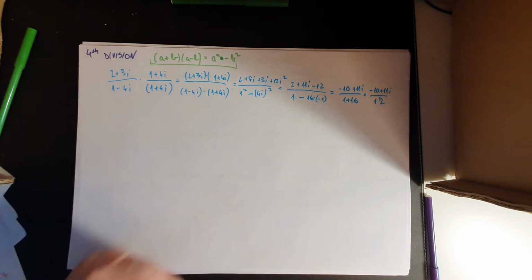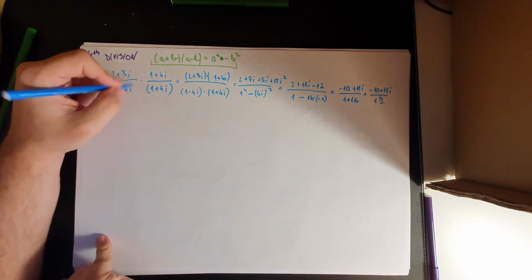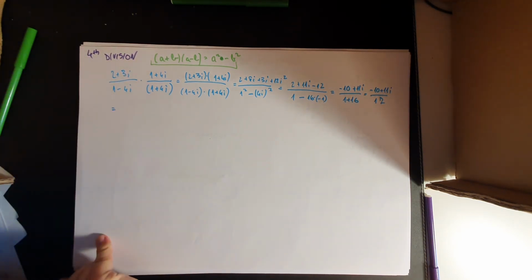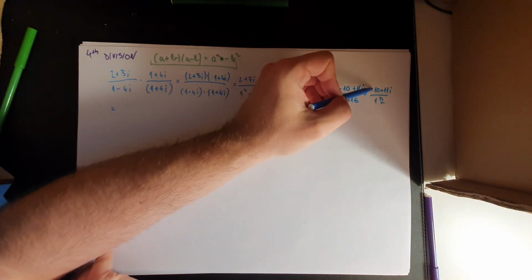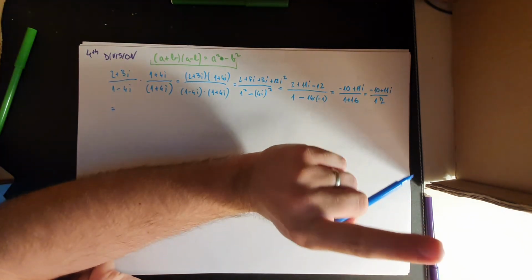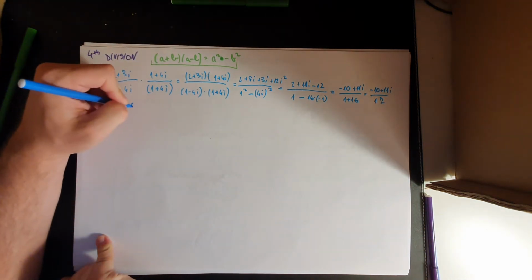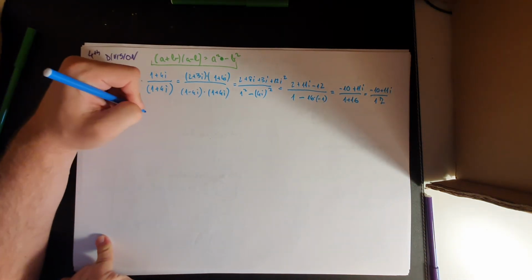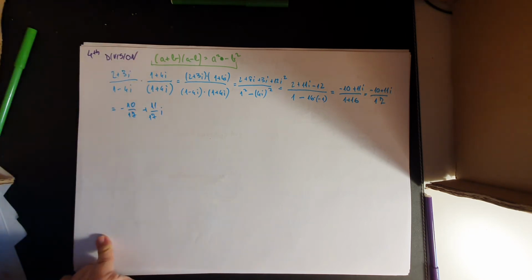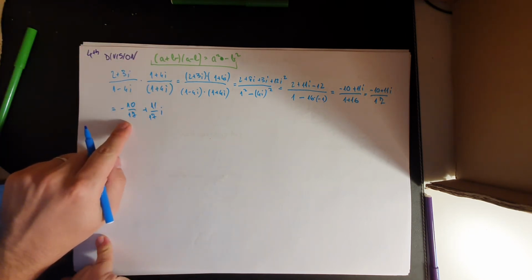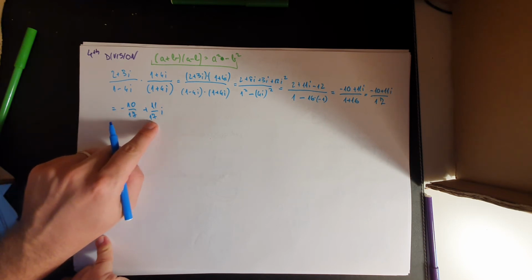If we want to write it down as a complex number, I'm going to divide both minus 10 and 11 by 17, and I'm going to get minus 10 over 17 plus 11 over 17 i. The real part is minus 10 over 17. The imaginary part is going to be 11 over 17.